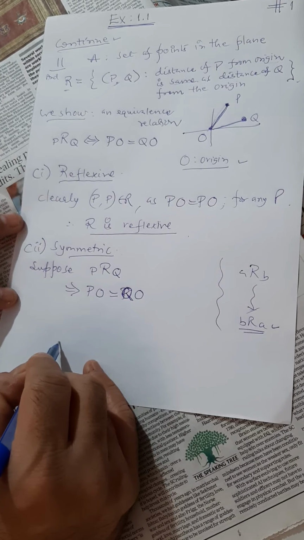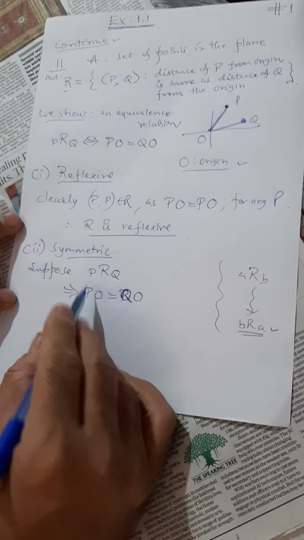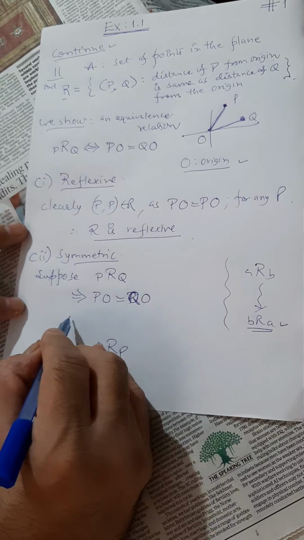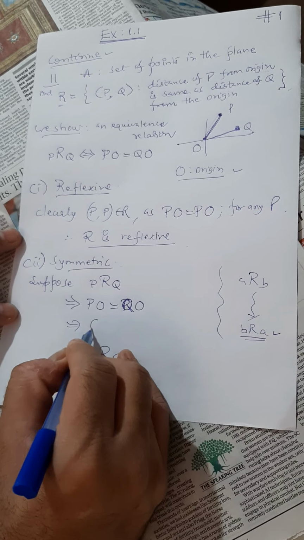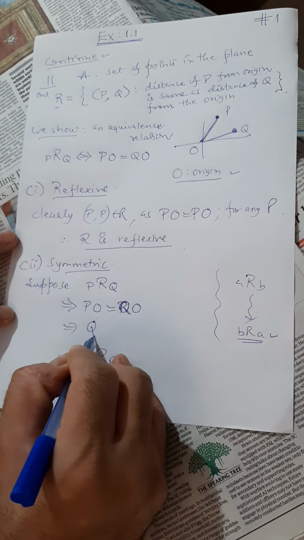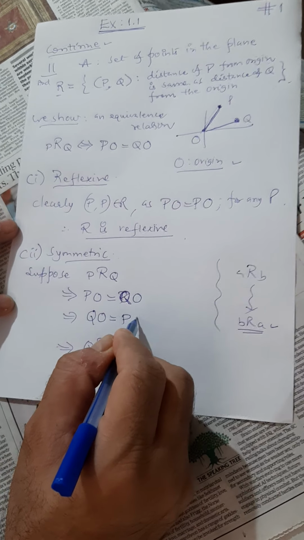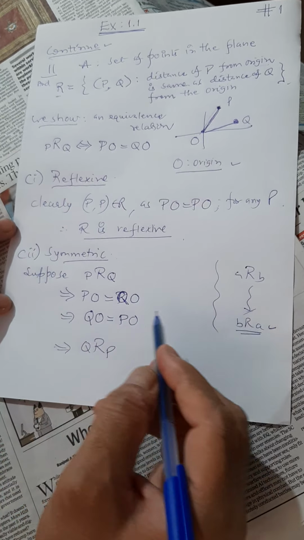Now you want to show that Q is related to P. So it is the same as you can write like this: distance of Q from origin equals distance of P from origin. I just changed the side.